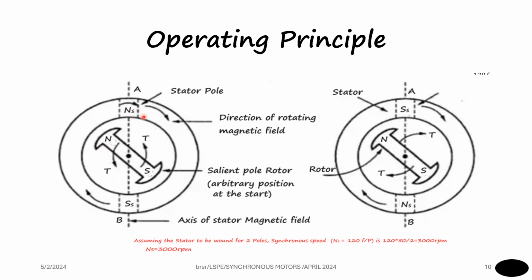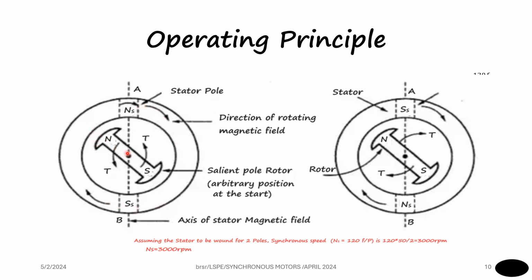So when it is aligned in the position AB, and if the rotor's north pole is closer to the north pole of the stator, it tries to repel. As we have assumed that the rotating magnetic field is going in the clockwise direction, when north pole of the rotor and the north pole of the stator come close to each other, the rotor would try to move in the anti-clockwise direction. We know that the rotating magnetic field is rotating at a very high speed.